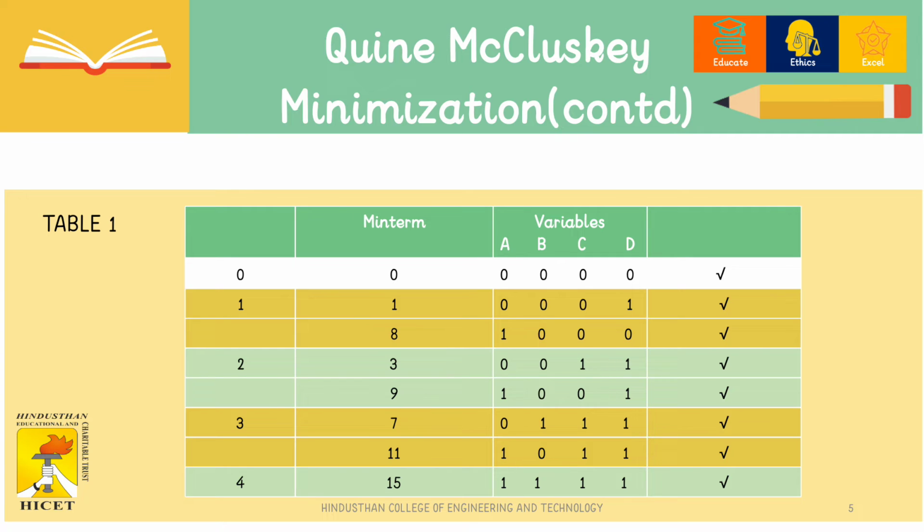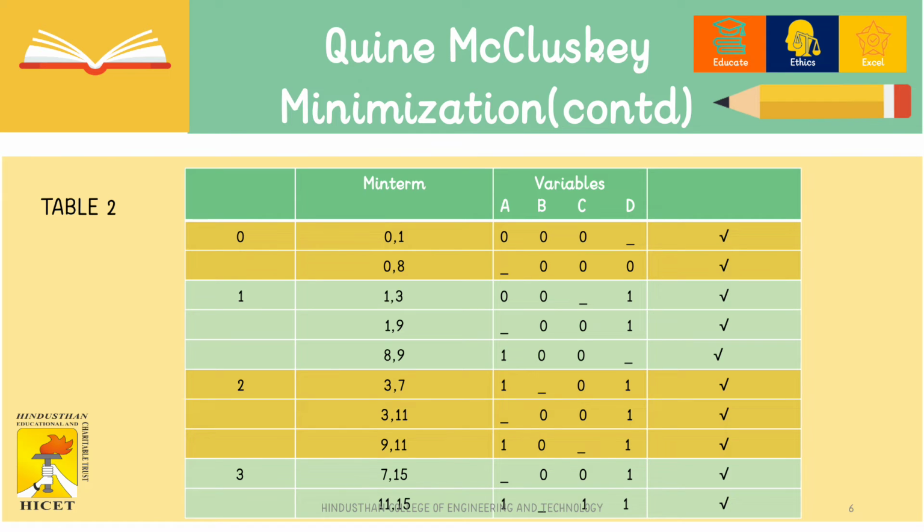So having this rule in mind, we form table 2, where I compare minterms 1 and 3 and I get the value 0, 0, dash, 1 in group 1, and I compare 1 and 9, where the value is dash, 0, 0, 1, and next comparing 8 and 9, I get 1, 0, 0, dash.